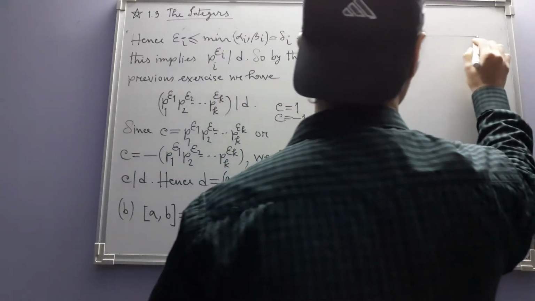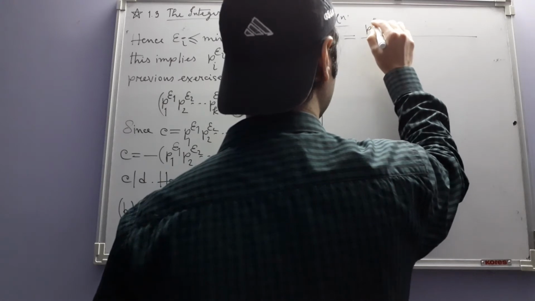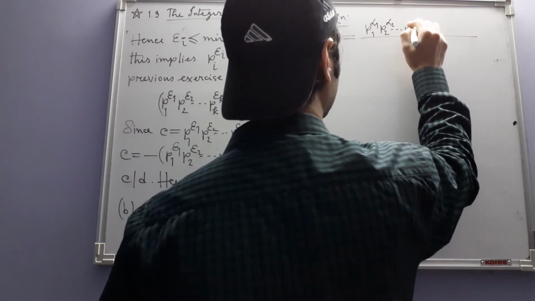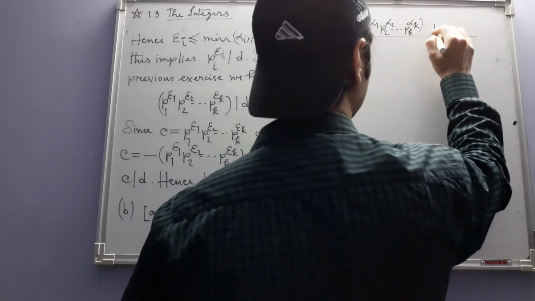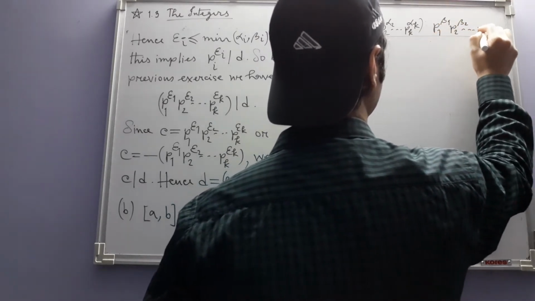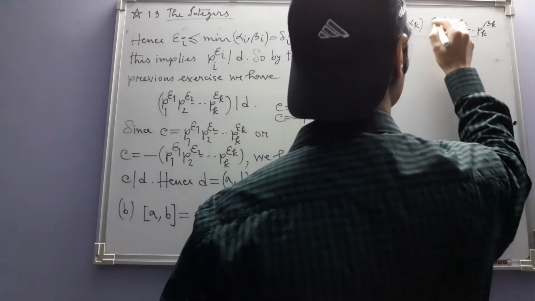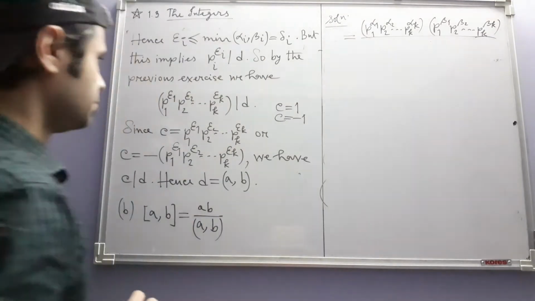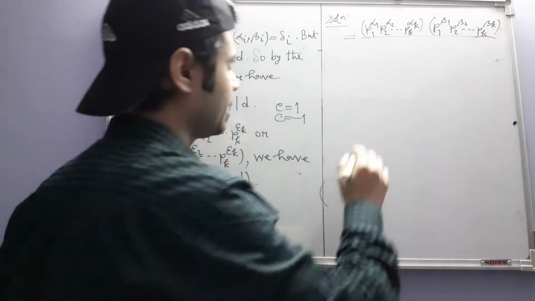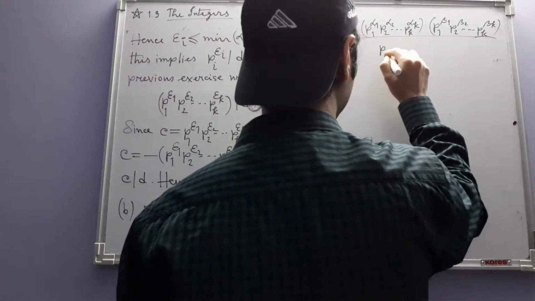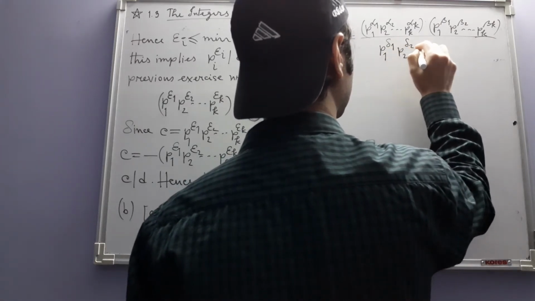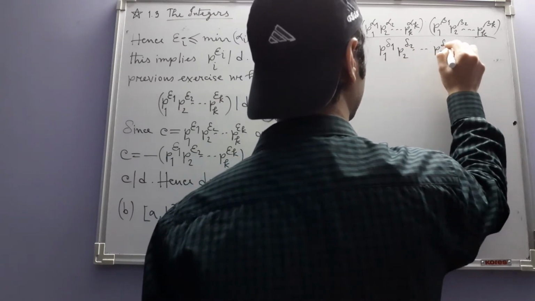So this is equal to p1 to the power alpha 1 times p2 to the power alpha 2 up to pk to the power alpha k, times p1 to the power beta 1, p2 to the power beta 2 up to this, divided by this, for which I already have an expression, and that is p1 to the power delta 1, p2 to the power delta 2 up to pk to the power delta k.